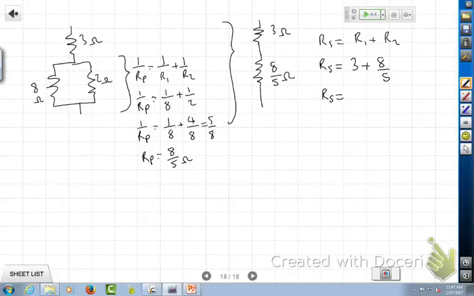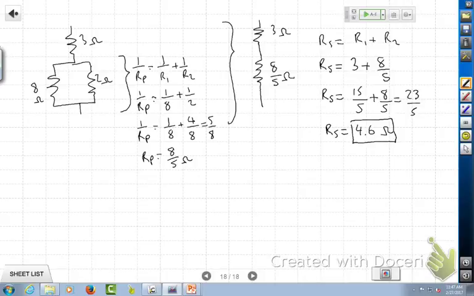R series is equal to, multiply top and bottom by 5, so that's 15 over 5 plus 8 over 5, which equals 23 over 5. So R series is equal to 4.6, I think is the right answer. So bomb.